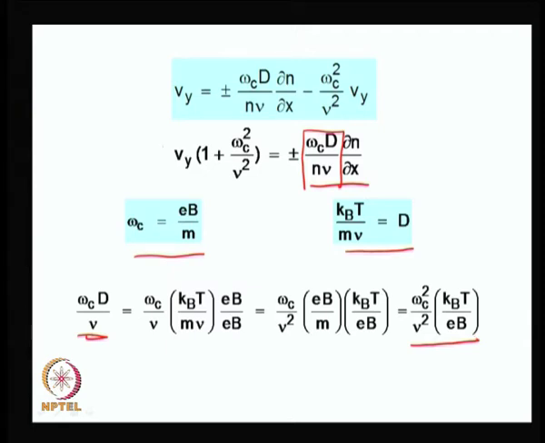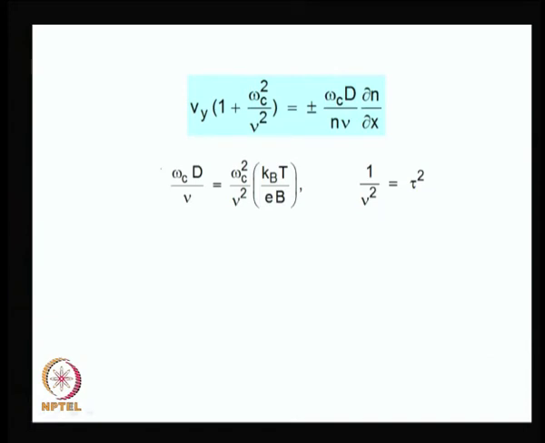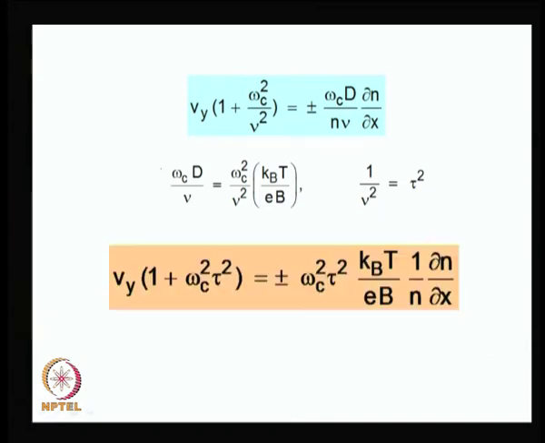So, we rewrite this equation for Vy as Vy times 1 plus omega c square tau square, where tau square is nothing but 1 upon nu square. This is what we have used, and omega c D upon nu as kBT upon EB omega c square upon nu square, with 1 upon nu square written as tau square.